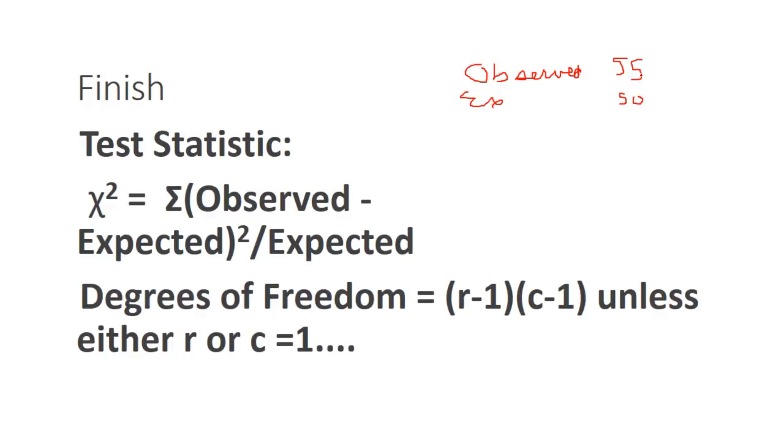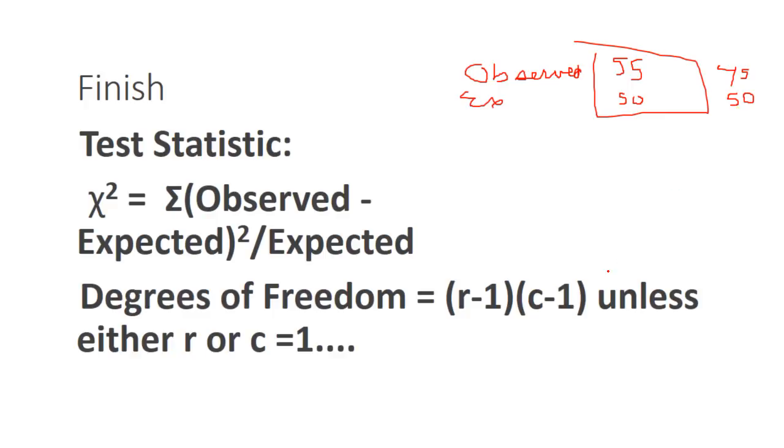And sum means I'm going to do this for each number, and I'm going to add them up. So it's 55 minus 50. I also got 45 tails, and the expected for that is 50. So I'm going to take 55 minus 50, square that, divide by 50. 45 minus 50 squared, divide that by 50, add those up.